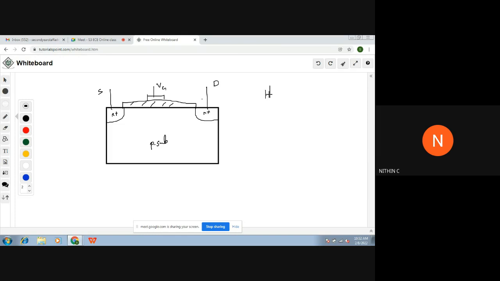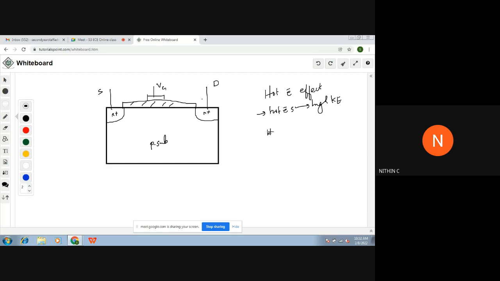You said that hot electron effect. That is what we are going to learn now. You know that hot electrons are electrons with high kinetic energy. What you require is a very high electric field.